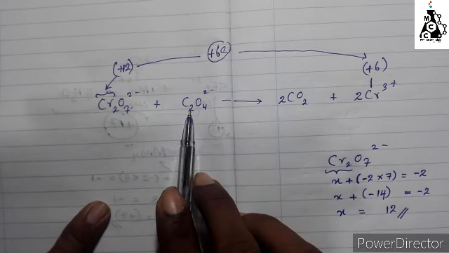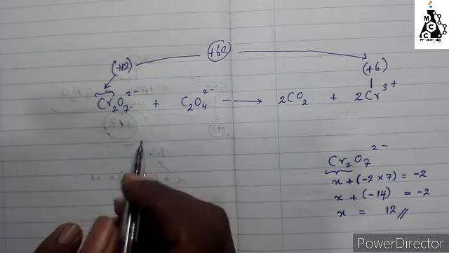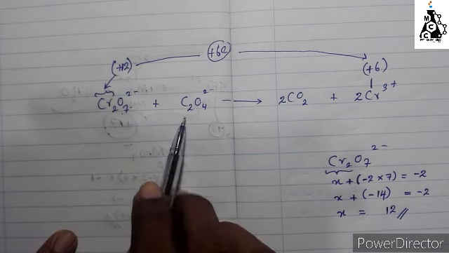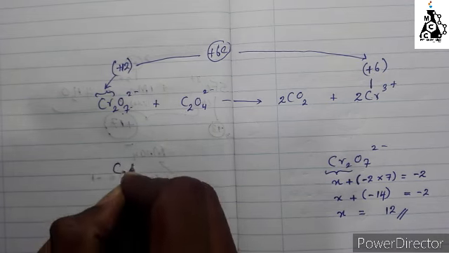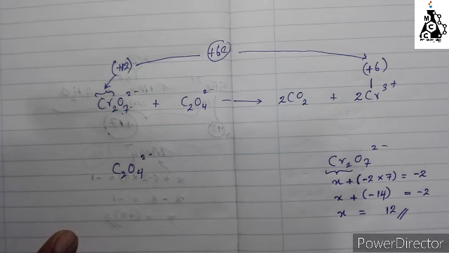They have C2O4 2-. Now you have to figure out the oxidation number of this carbon. C2O4 2-.